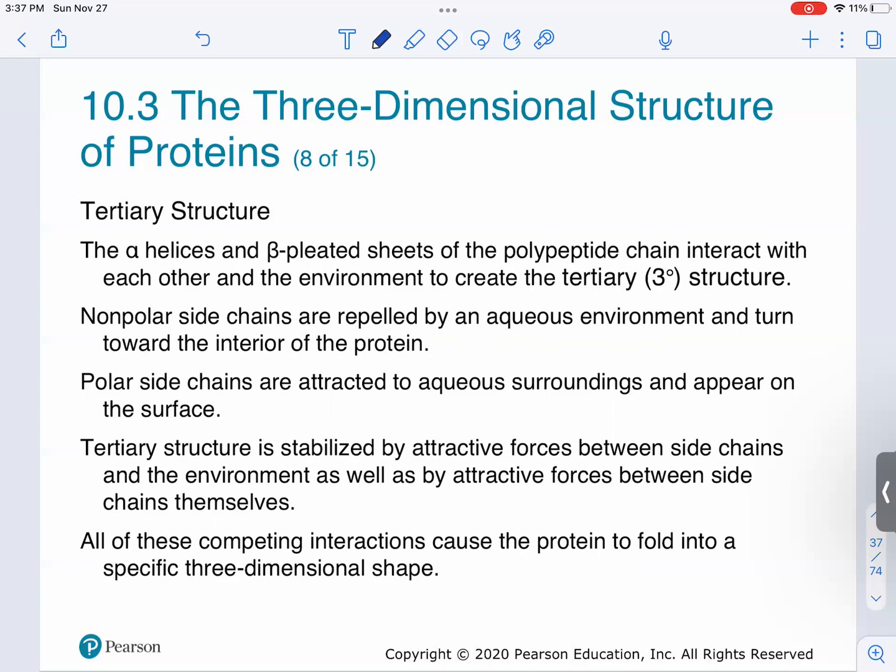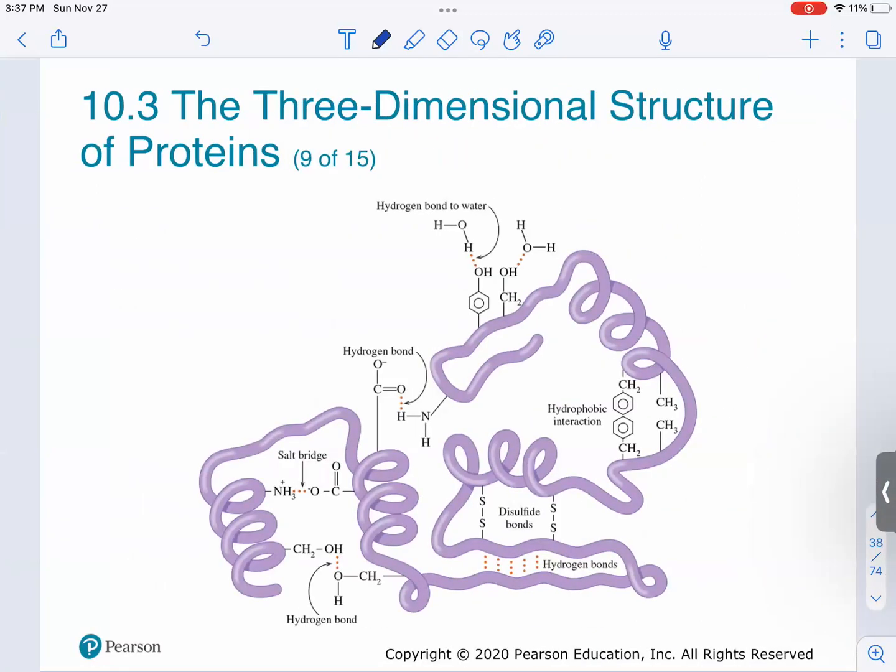So the tertiary structure is therefore stabilized by attractive forces between those side chains, away from and towards the environment. It's all based on these side chains. So that's how we're going to get the three-dimensional shape. And you can see here, and we'll talk about each one of these, we're going to have hydrogen bonding with water, all right?